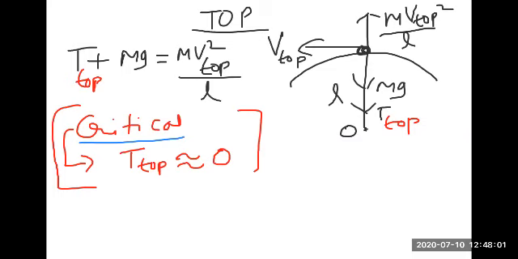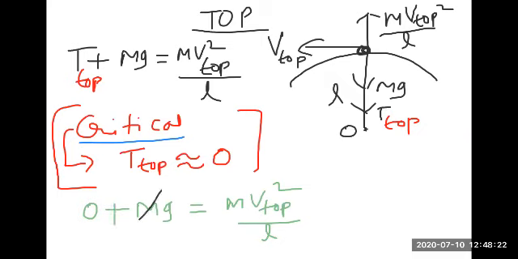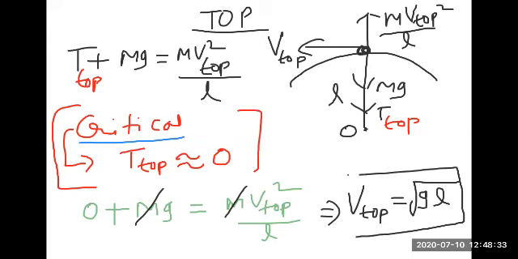So from that information, the above equation can be written as: tension at top is 0, so mg is equal to m v top square by L. From this expression, I can cancel m and write v top square is equal to gL, which means speed at top is equal to root gL.